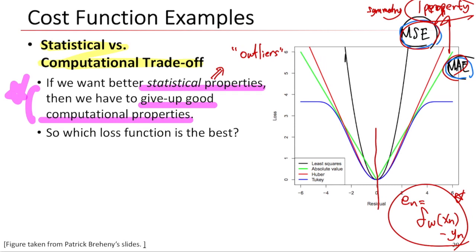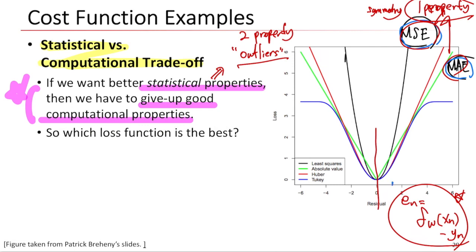But when you think about the second property, that represents the robustness to outliers. Let's think about that.